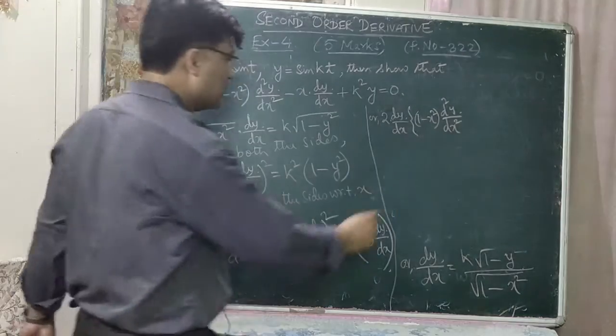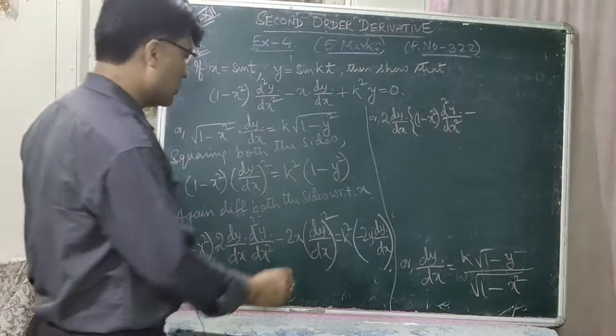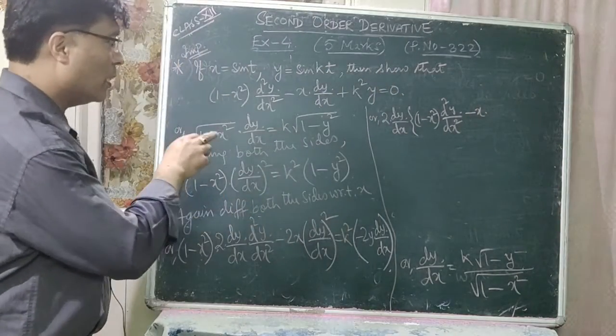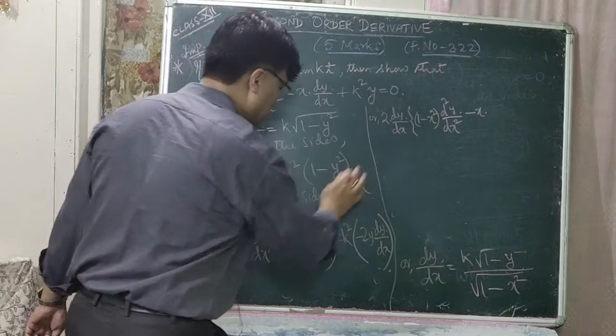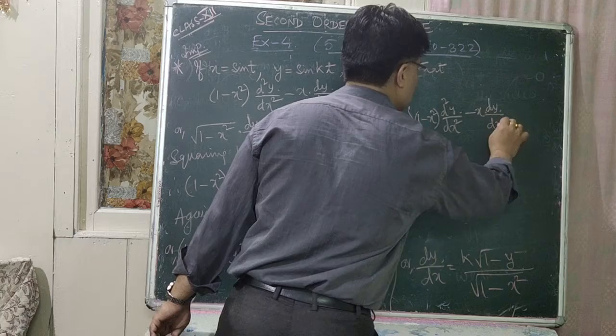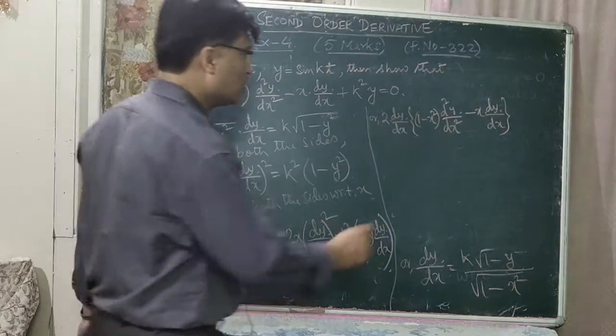Okay. Then minus sign is there. Minus 2 dy by dx is taken common. So it is minus x into, one of these dy by dx is taken common, so there remains dy by dx. Second bracket is closed.